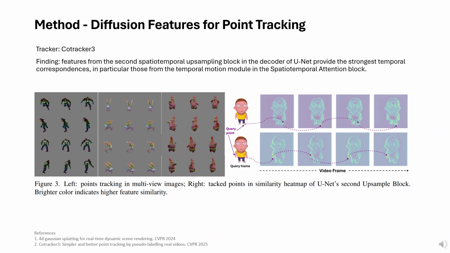Concretely, for a real video, we add slight noise, run the denoiser, extract layer-wise feature maps from every block, and compute tracks by cosine similarity nearest neighbor matching for a fixed set of query points on the first frame. This analysis yields a consistent finding. Features from the second spatiotemporal upsampling block in the decoder of the UNet provide the strongest temporal correspondences, in particular those from the temporal motion module in the spatiotemporal attention block.